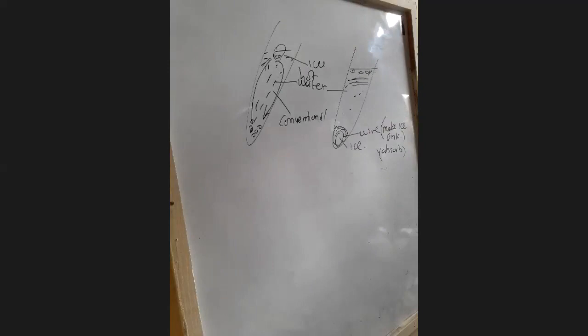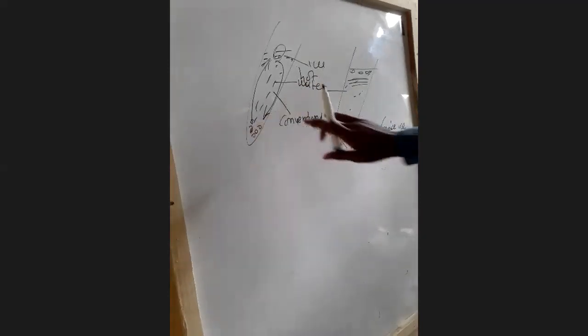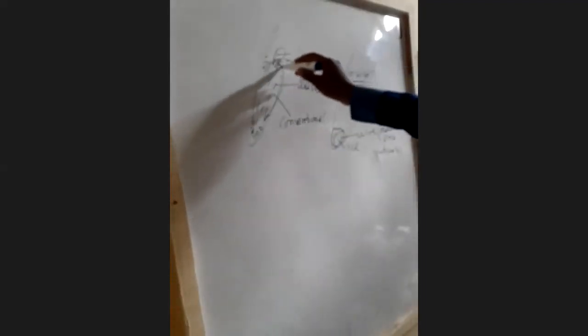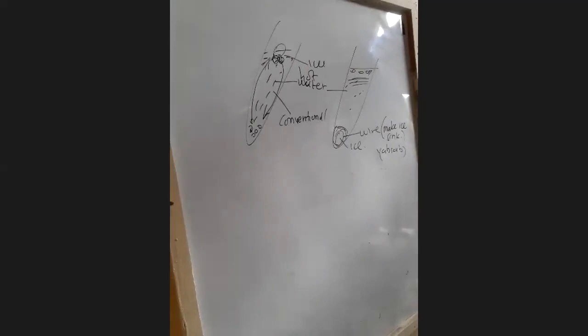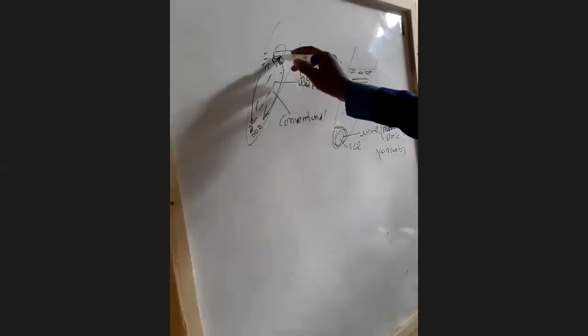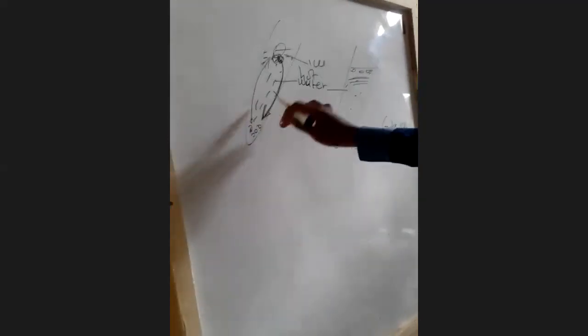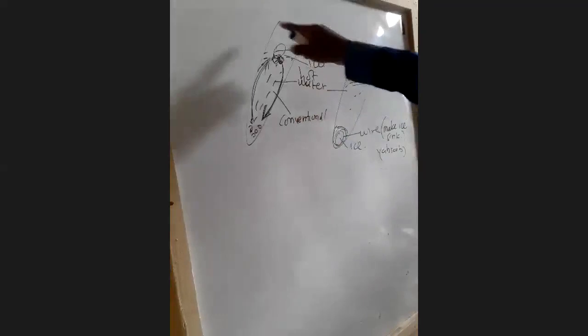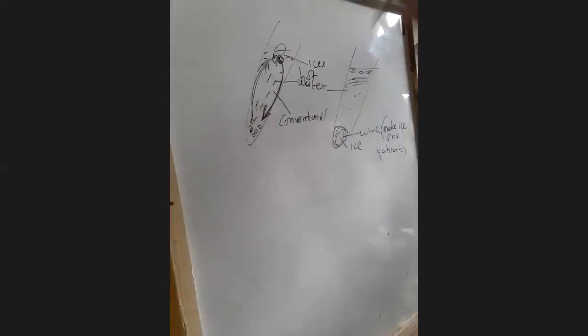If you look at the Form 3 question, you will find that the ice at this point is colder, so it is going to cool the water around it. If it cools the water around, the cold water is denser, so it is going to move down, and the warmer water is going to move up. So there will be a convection current.